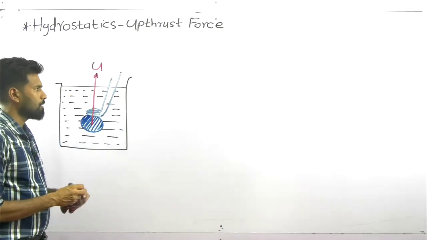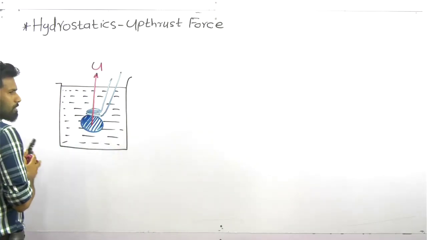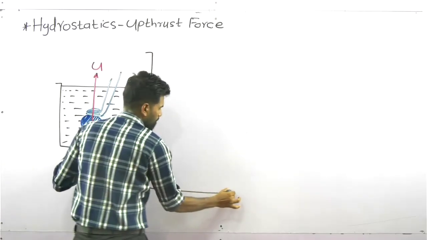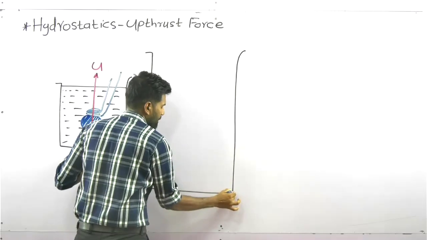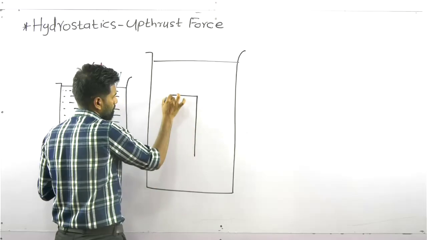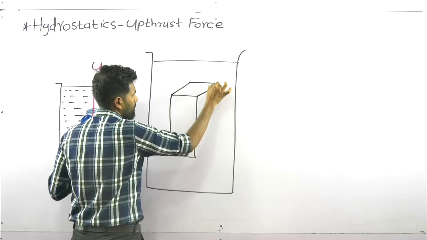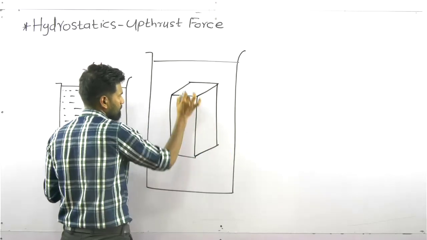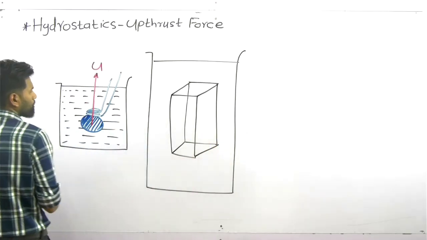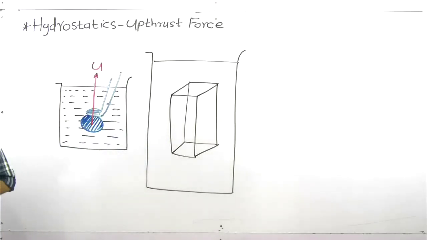Okay, so now see what I'm going to do. This is a liquid container. In this liquid, I'll enter an object like this. So inside the liquid container, an object like this is immersed.